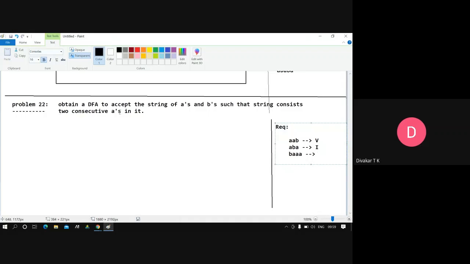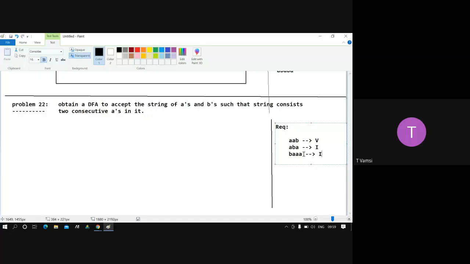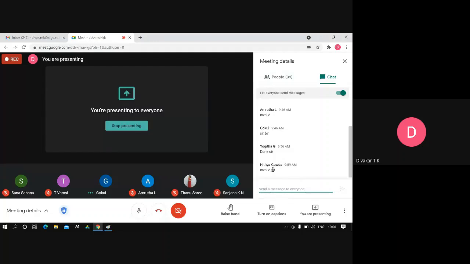I asked in the question only 2A, no? There are 3A's. It's invalid, right? No, sir, it's valid. We can take the last two, or the first two. But I asked only two consecutive A's, and 3A's are there. Anybody ready to answer? Did you understand my question, guys? Okay, got the answer. Invalid. Very good.